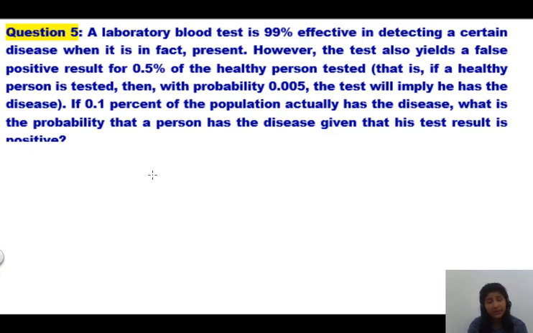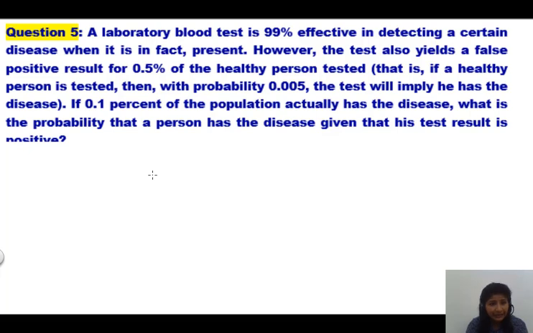That means there are 1% of the cases where it does not detect the disease even when present. However, the test also gives a false positive result for 0.5% of the healthy persons tested.